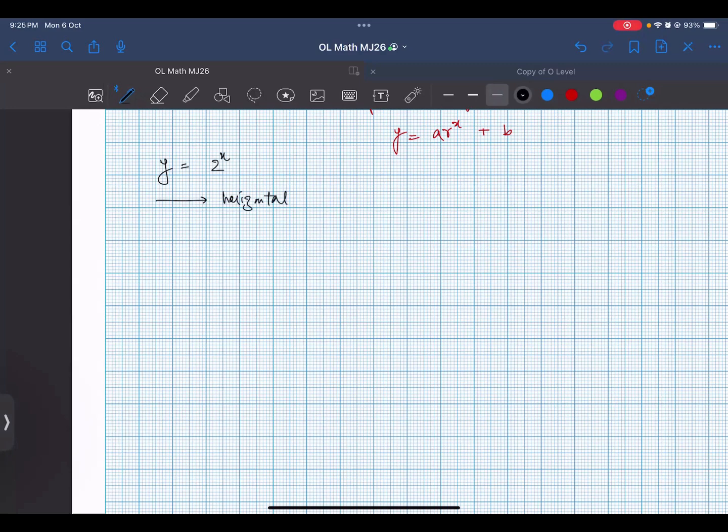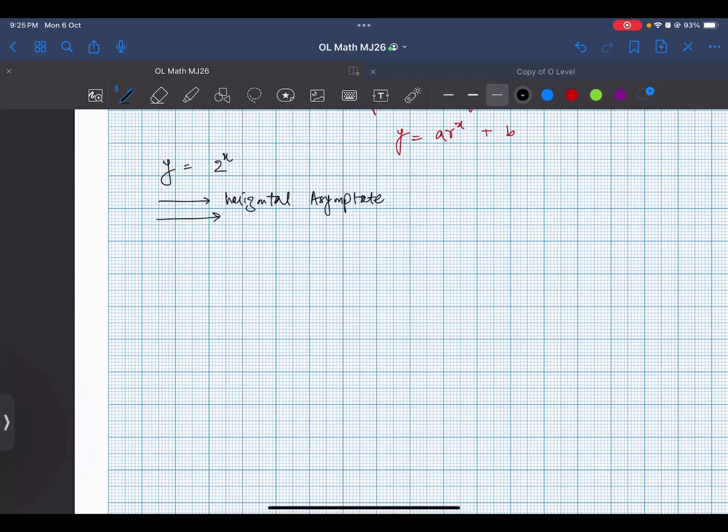There is no vertical asymptote over here. There is horizontal asymptote over here. And you will always have the y-intercept. You will have to find it. Your x-intercept may or may not be. May or may not have x-intercept. It depends on the equation.